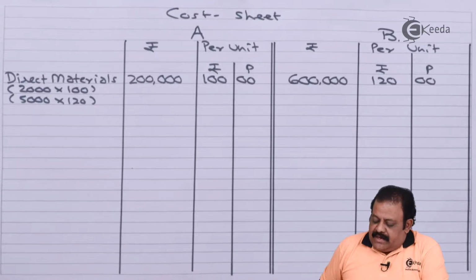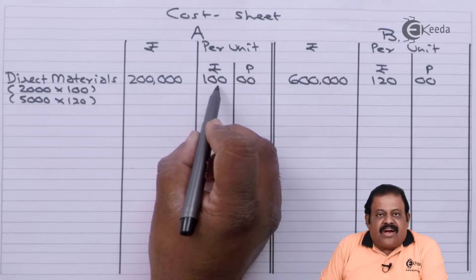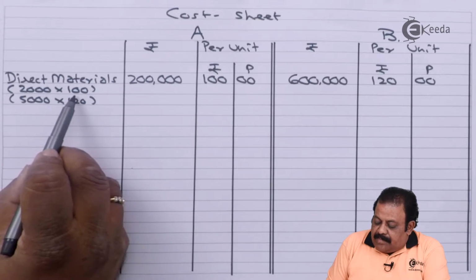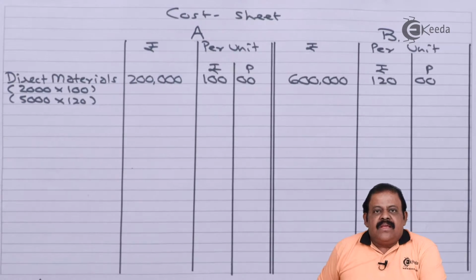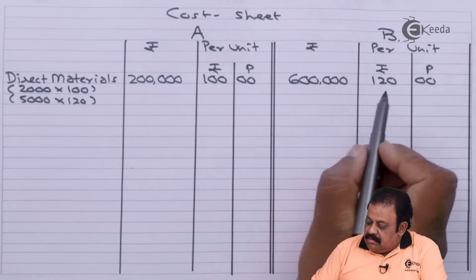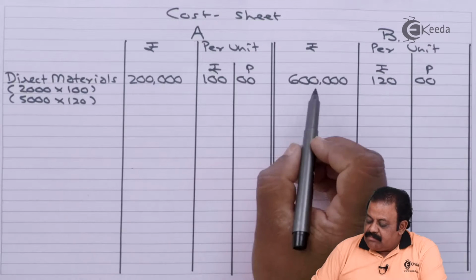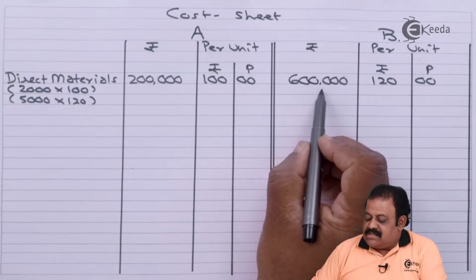In case of product A, 2000 units are produced, direct material cost per unit 100 rupees, so 2000 multiplied by 100 is 2 lakhs. In case of product B, we have produced 5000 units, per unit 120, 5000 multiplied by 120, direct material total is 6 lakhs.